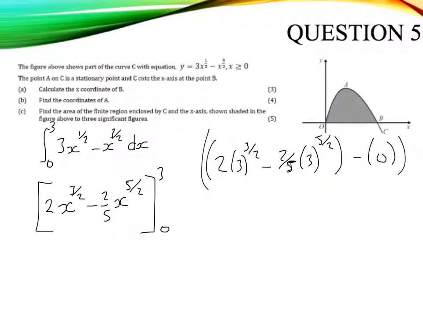Okay, I can do this next bit on my calculator. I'm not expected to do it any other way, and so if I type the numbers in, I'm going to get 4.16 to 3 significant figures.